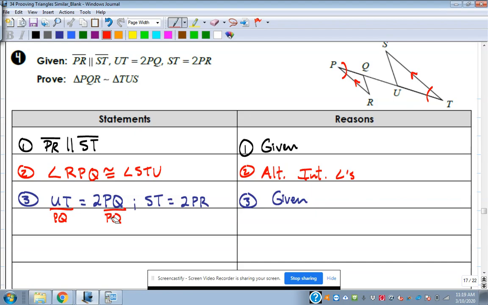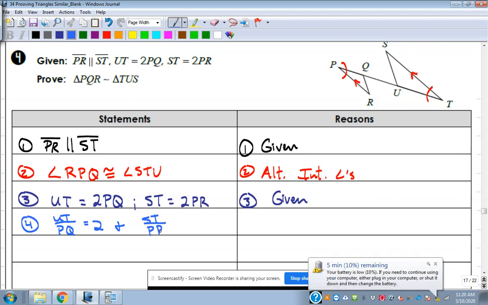I divided, right? So the division property of equality for step 4 would give me that UT over PQ equals 2 and ST over PR equals 2, right?